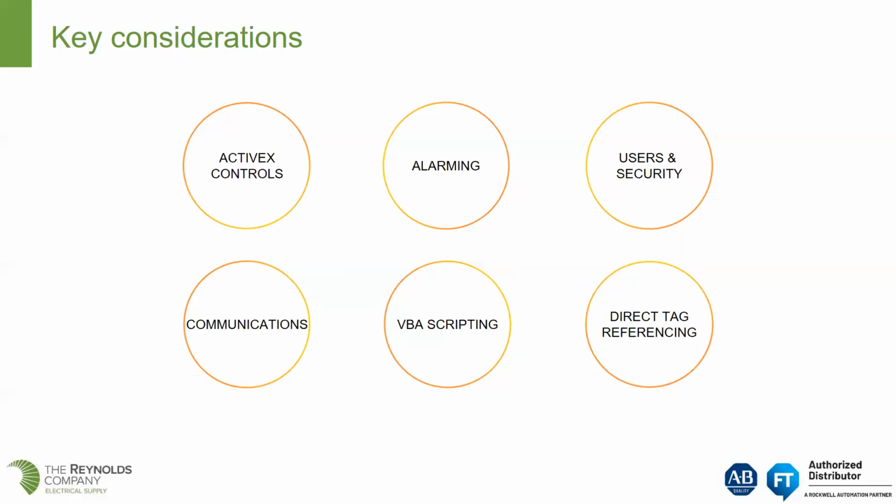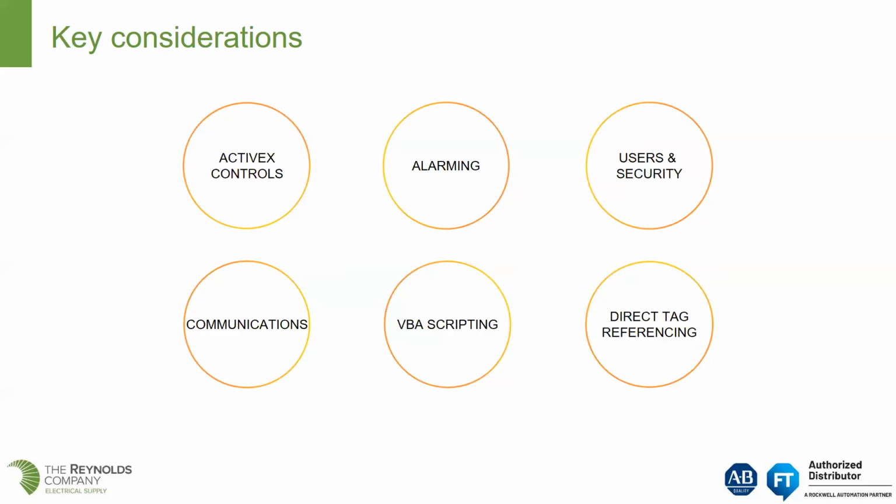Users and security in FactoryTalk View SE are assigned globally, much like an Active Directory, but there is a security service in the FactoryTalk Services Platform where users and security are configured globally. And that is not true for RSView32. That would be different.